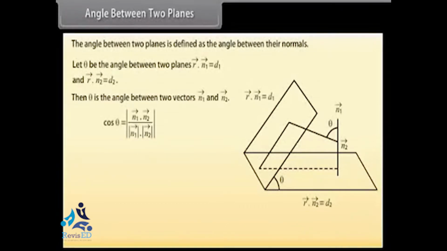Cos theta equals the modulus of the dot product of vector n1 and vector n2 divided by the modulus of vector n1 into the modulus of vector n2.